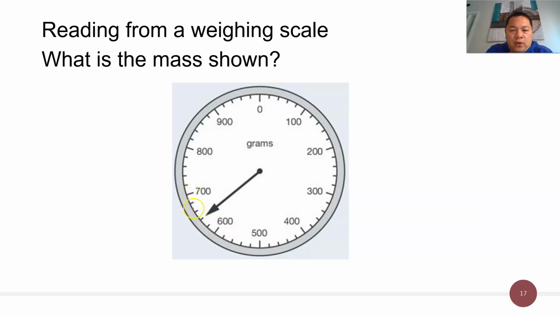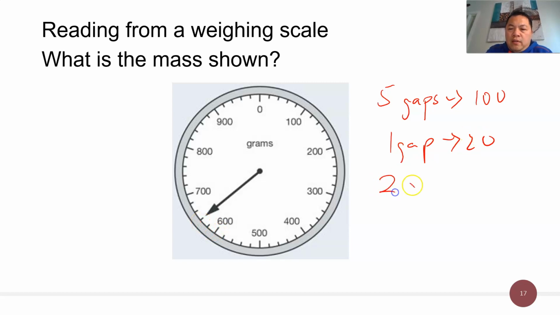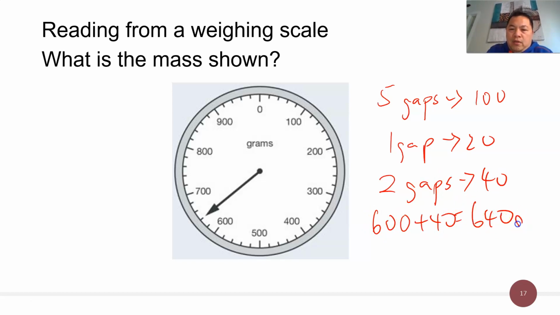There are 1, 2, 3, 4, 5 gaps. So there are 5 gaps, and the difference is 100. So one gap is actually 20. For this case, there are 2 gaps here. It's 40. So the mass is actually 600 plus 40, which is 640 grams.